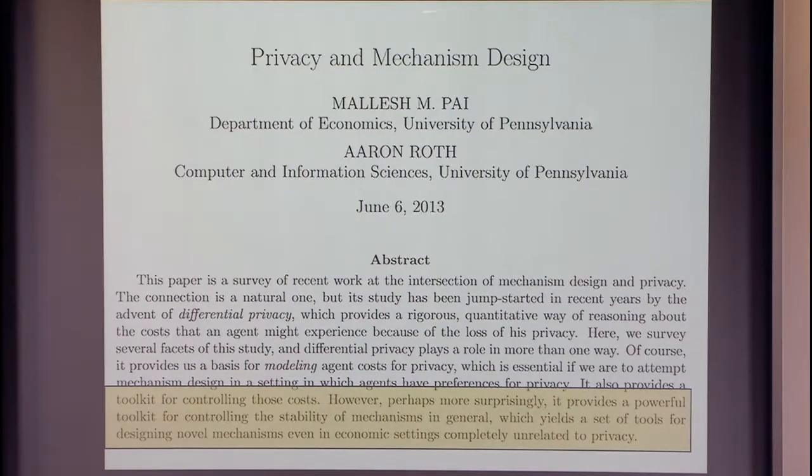It's about algorithmic mechanism design, not our kind of mechanisms, but the economics kinds of mechanisms. And they point out that differential privacy provides a powerful toolkit for controlling the stability of mechanisms in general, which yields a set of tools for designing novel mechanisms, even in economic settings, completely unrelated to privacy.